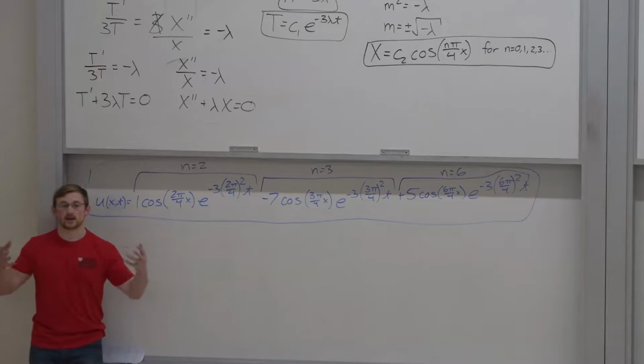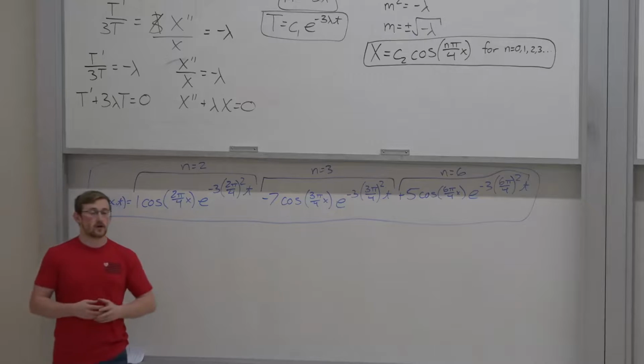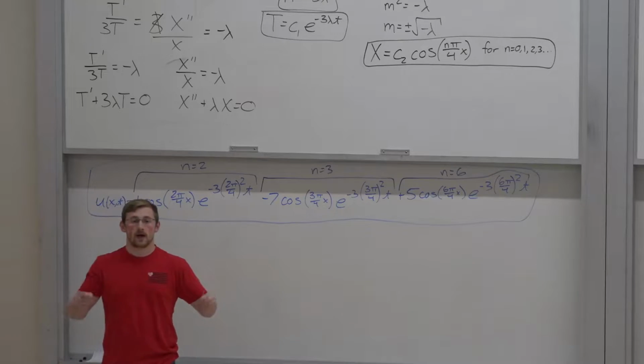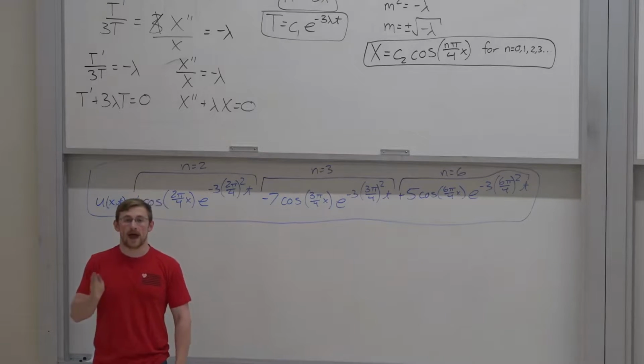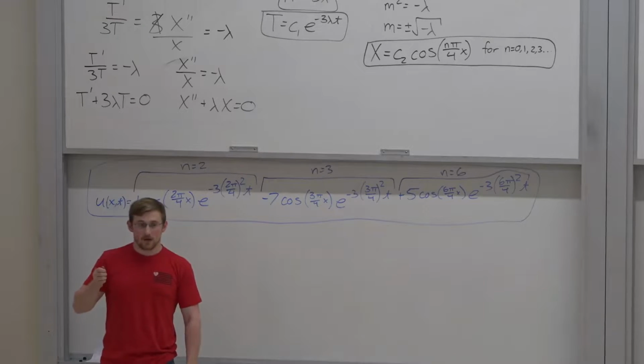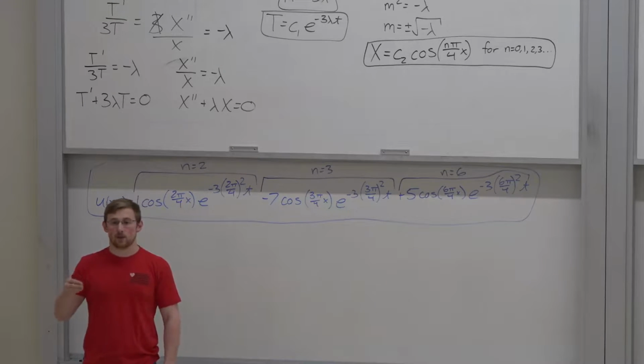Well, the conditions for your heat equation: imagine you have some metal rod and you're heating it up from one end, and you have a constant heat at that one end.